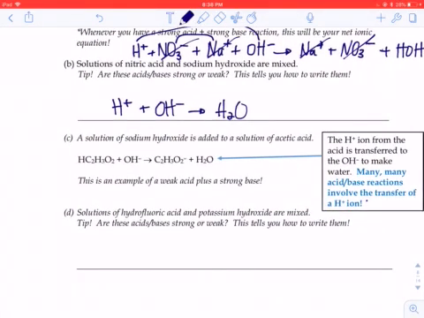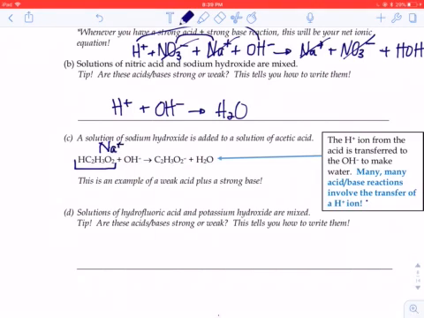What if it's not a strong acid plus strong base? It gives you an example here of adding sodium hydroxide to acetic acid. Acetic acid is not a strong acid, so we do not break it up into hydrogen ions and acetate ions. Instead, we keep it together as a molecule. Sodium hydroxide is really Na plus and OH minus.